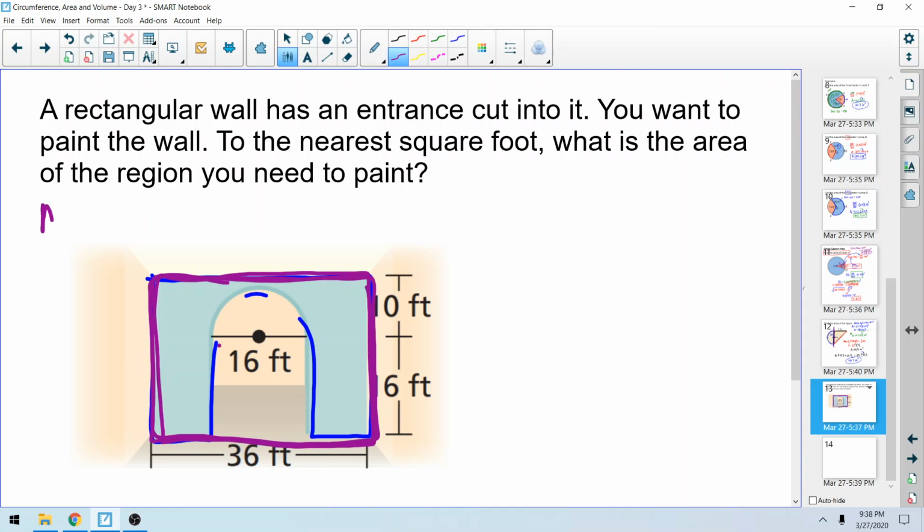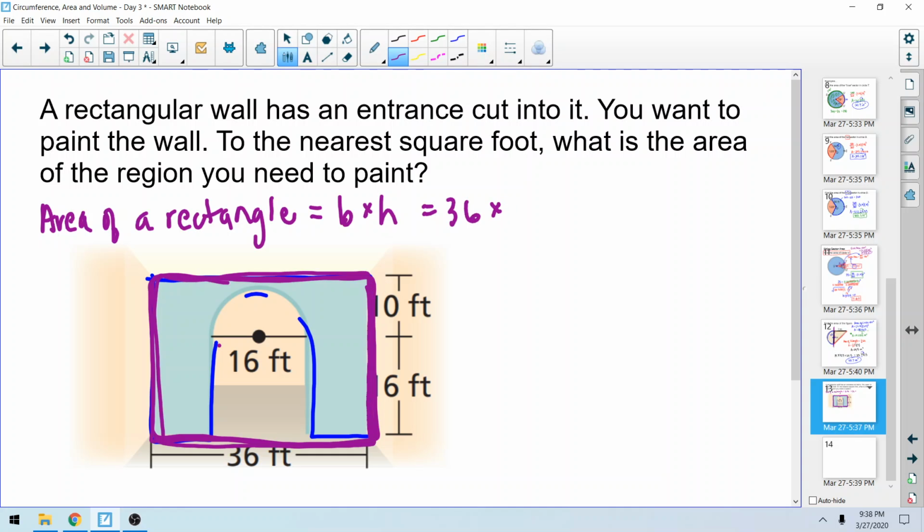How do you find the area of a rectangle? Base times height. Okay, so if I'm looking at my rectangle, my base down here, whole way across, is 36, times my height, which is the whole way up.